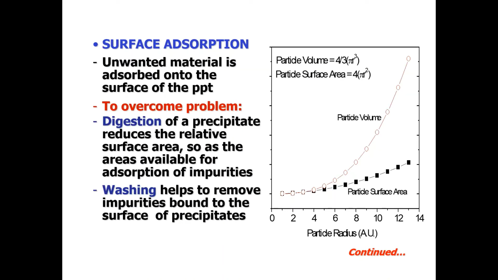The first one is what we call surface adsorption. Surface adsorption is any impurities that may be trapped on the surface of the crystals. If you recall the double layer from last time, on top, in the first layer of the crystal, there will be ions in excess of the same ions in the crystal. So we add Ag plus to Cl minus.